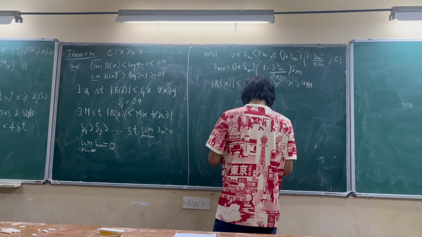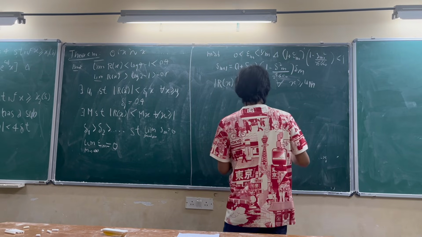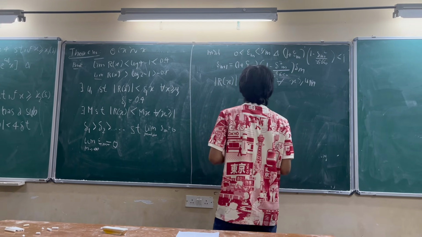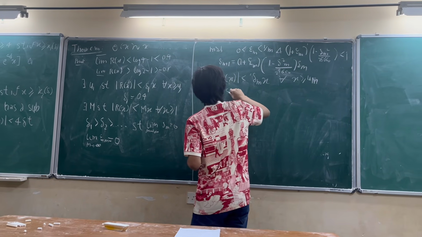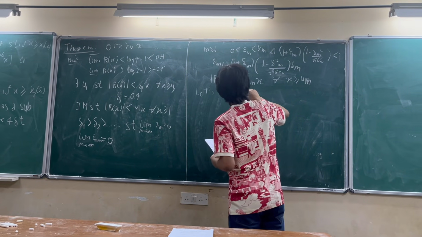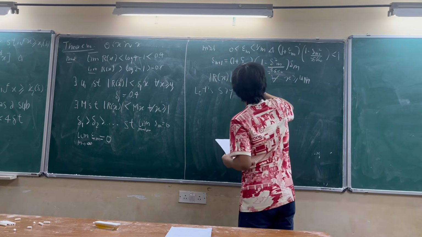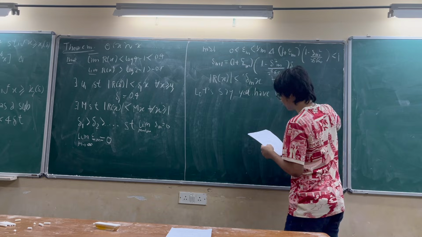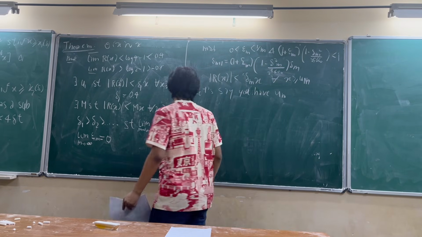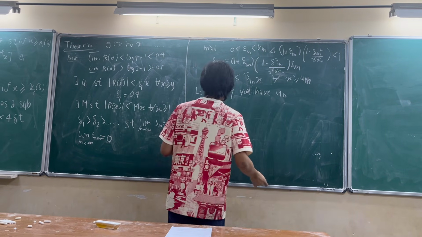So, to show that such a u_m exists, let us assume that you have u_m. Then we proceed by induction and show that u_{m+1} also exists.